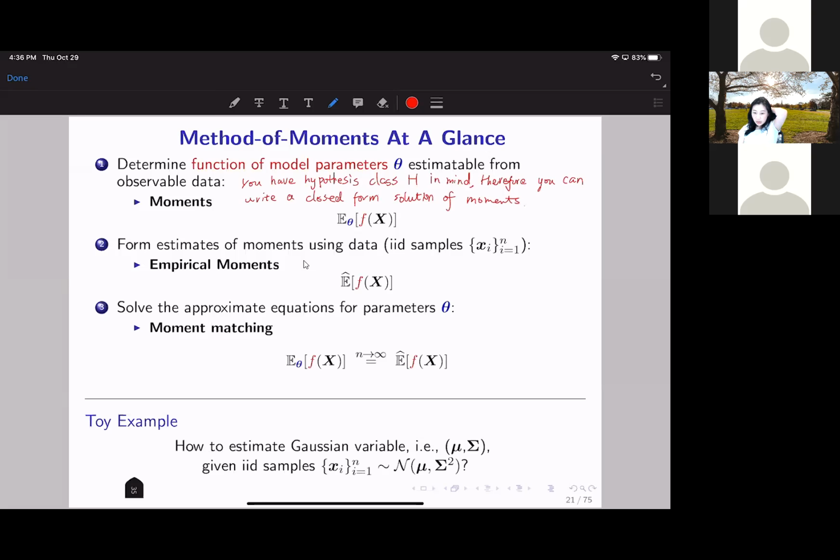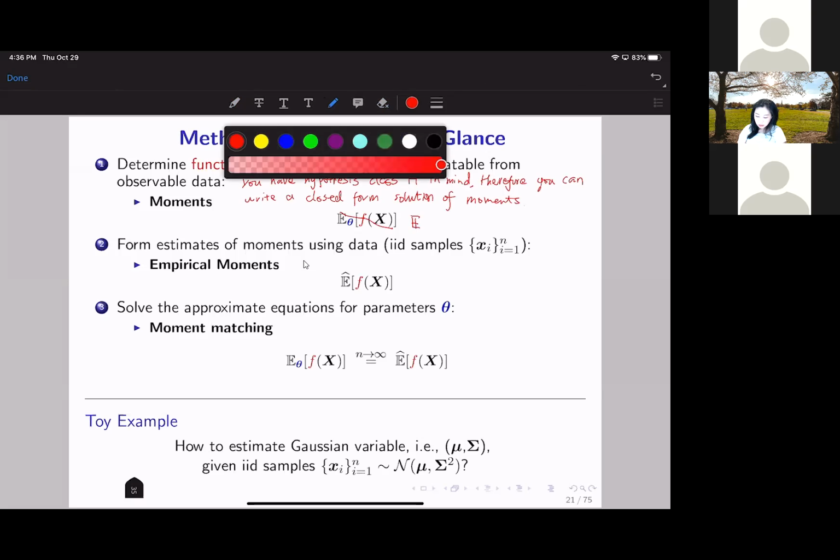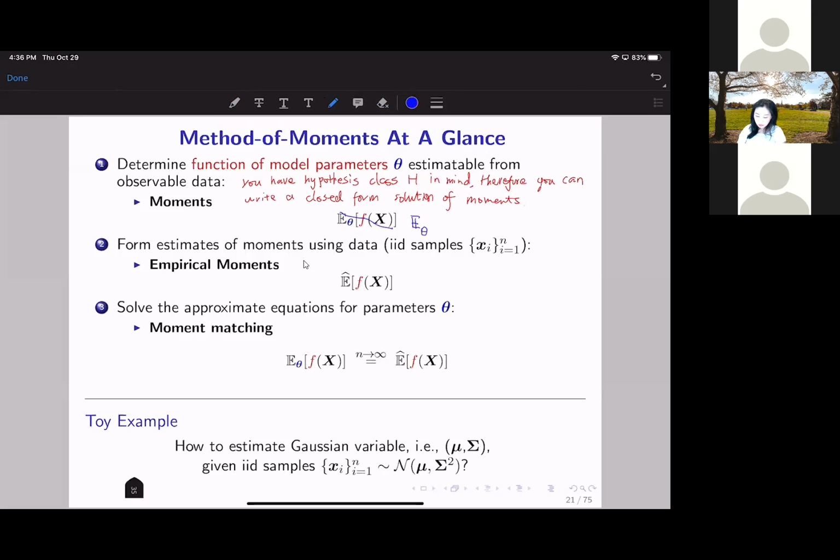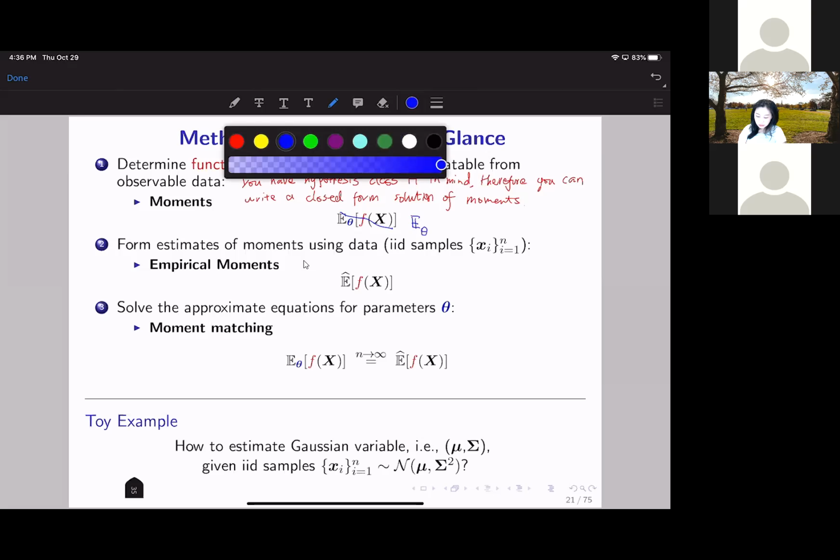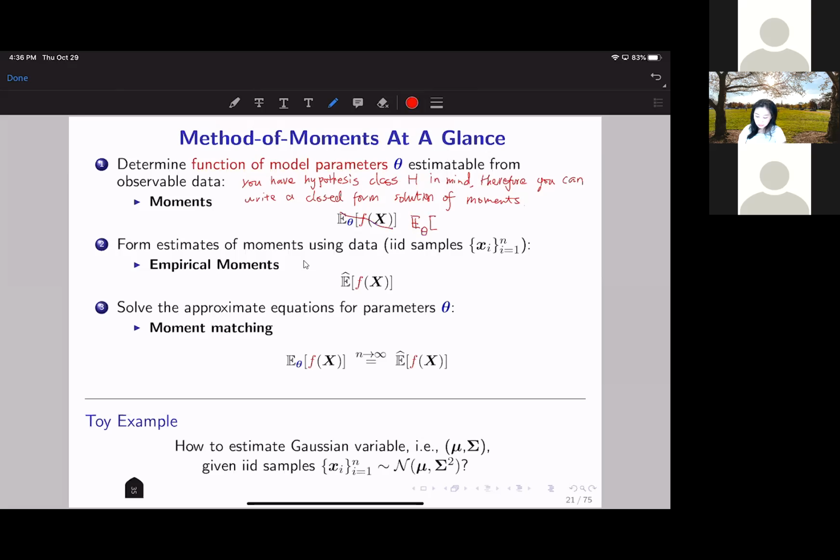So I'm going to ask you one question here. Instead of this, if I started with expectation over theta of x, can someone tell me whether you're able to write it out in terms of theta, basically some kind of function of theta?